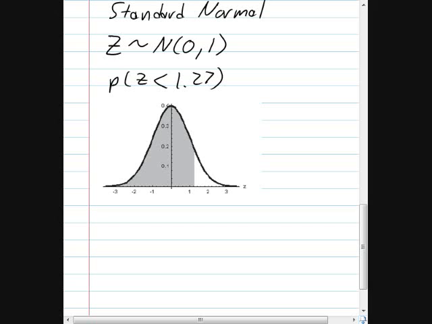Now, the CDF table in the appendix only provides the CDF for positive values of Z, not negative values. But it turns out you can use the symmetry of a bell curve, the fact that it's perfectly symmetric on both sides, to solve for negative values. And we'll look at an example of that in a little bit. So this area is precisely the area that the CDF table provides.